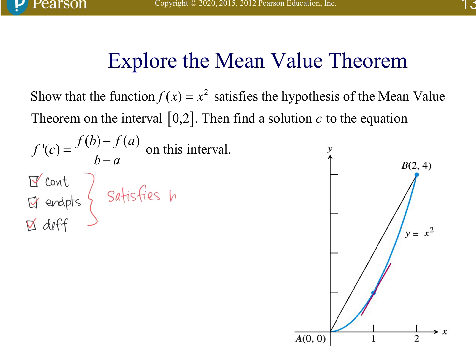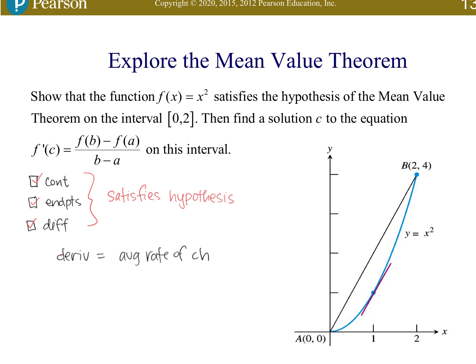And since all three are true, this satisfies the hypothesis or the requirements, which means now I should be able to solve the derivative equal to the average rate of change. So I'll set this up. I want the derivative equal to the average rate of change.